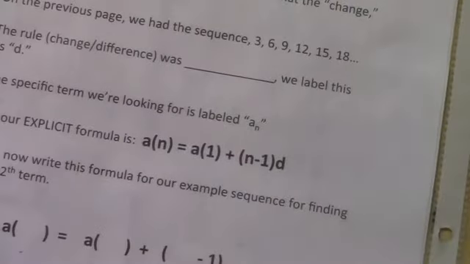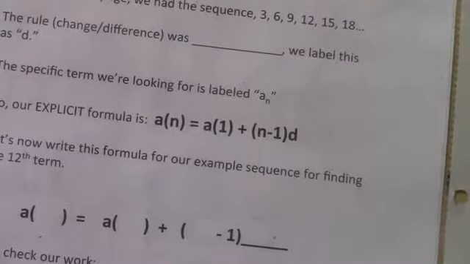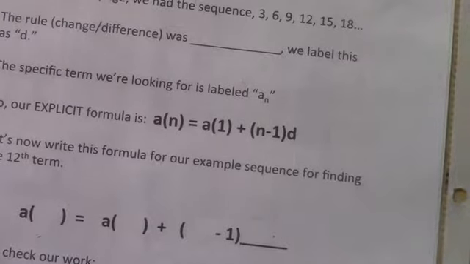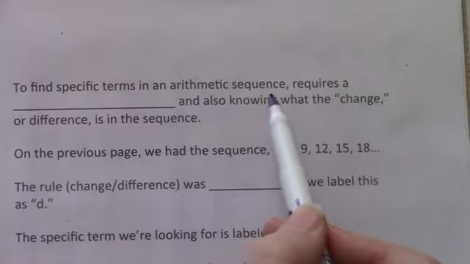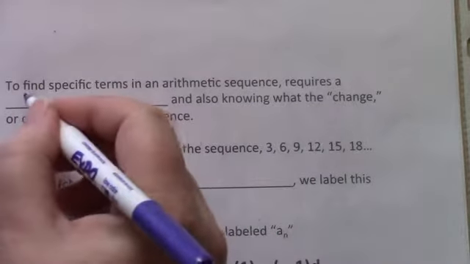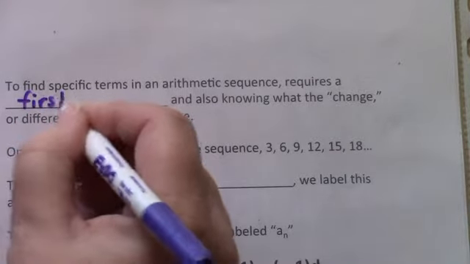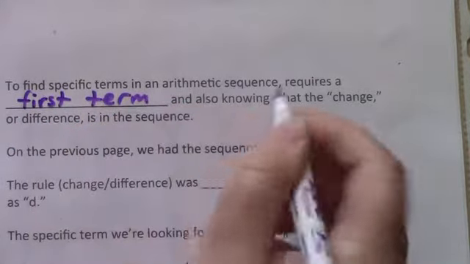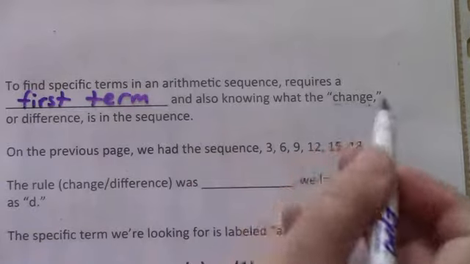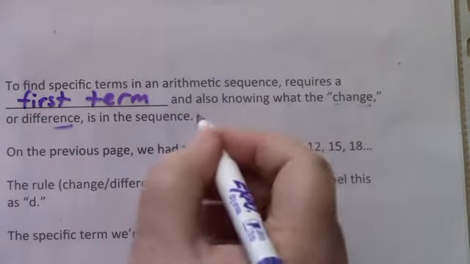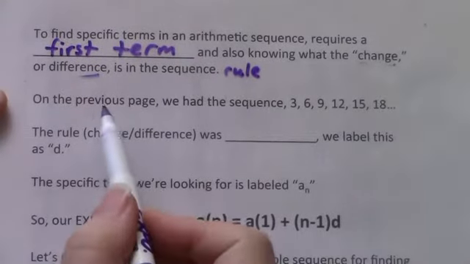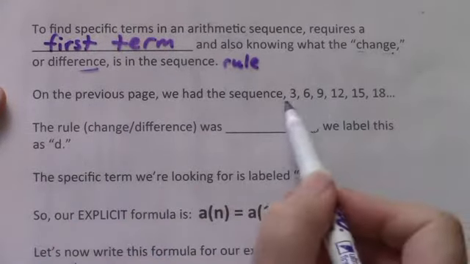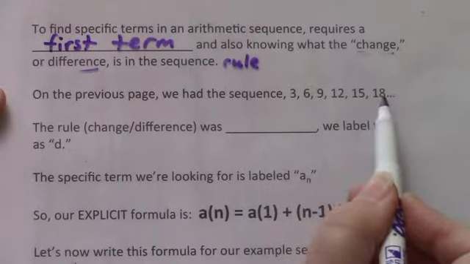So let's just do a little more learning about some more terms and a formula. To find a specific term in an arithmetic sequence requires a first term and also knowing what the change or difference is, or the rule. On the previous page, we had the sequence 3, 6, 9, 12, 15, 18.